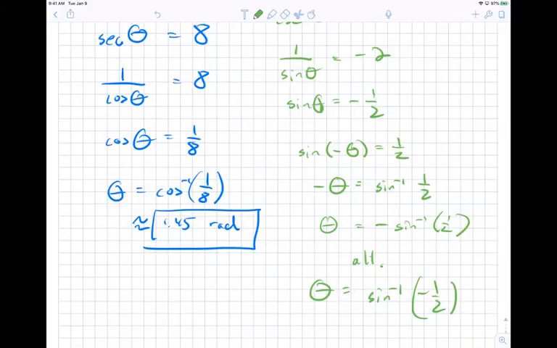So for the inverse sine, oh, that's positive. Oh, never mind. I got it. Negative 0.523598772. That's for inverse sine of negative 1/2.